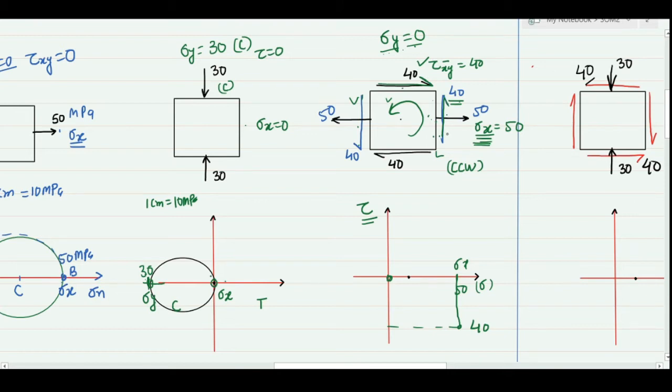So if one is counterclockwise, then definitely the other will be clockwise, and you can see here that the sense of these two shear stress arrows generates a clockwise couple. So I am going to produce a vertical line, again of the 40 value. As we know, for the shear, the top is clockwise and the bottom is counterclockwise sense.